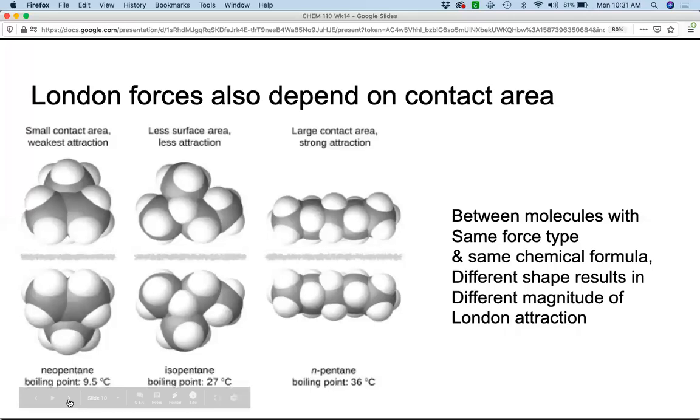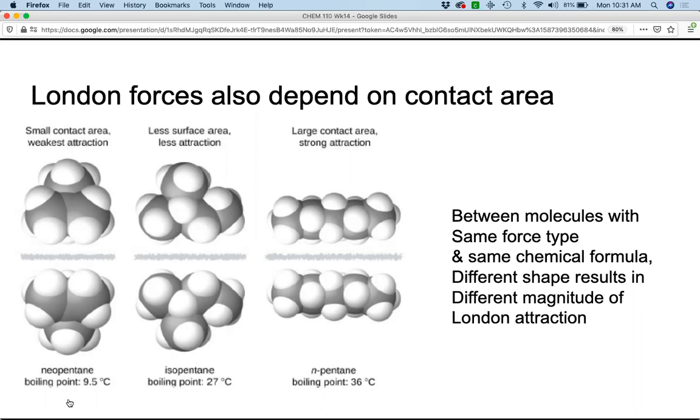London forces also depend on contact area. So if I have a really small contact area, I'm going to have the weakest possible attraction. If I have less surface area, then there's going to be less attraction. But if I have a large contact area, then I have a strong attraction.